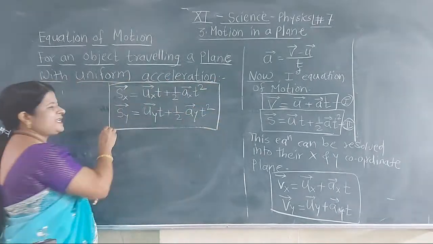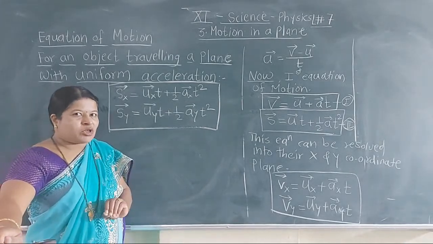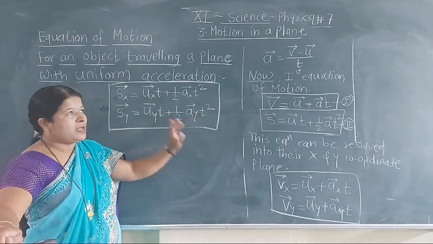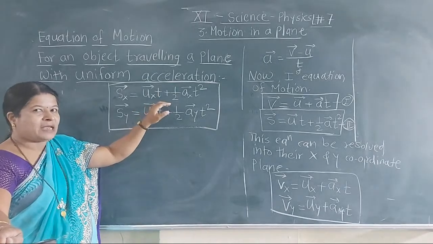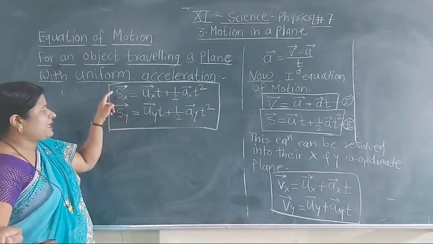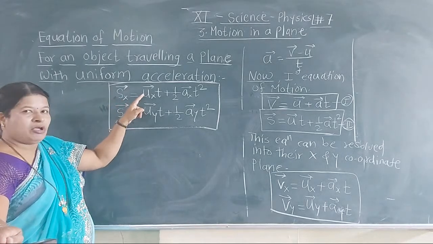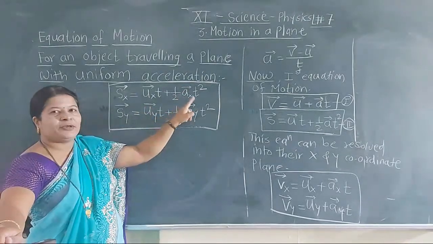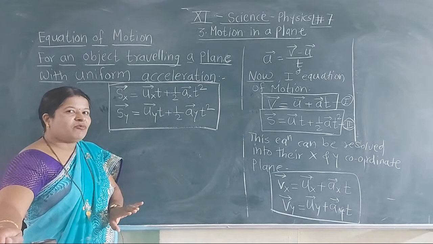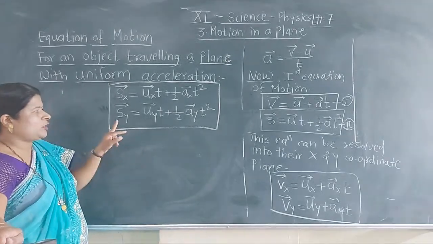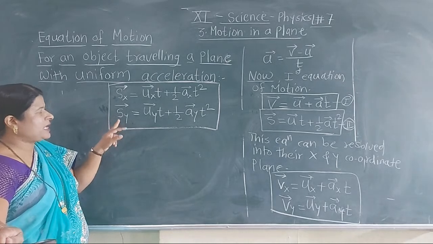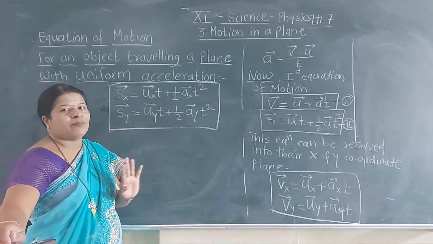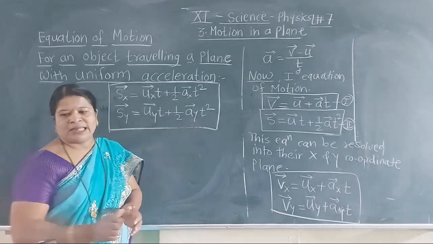So displacement in a plane, second equation of motion, we can write in x and y plane also. Similarly, in the y plane, second equation of motion for displacement, vector sy is equal to vector uy into t plus 1/2 vector ay into t square.